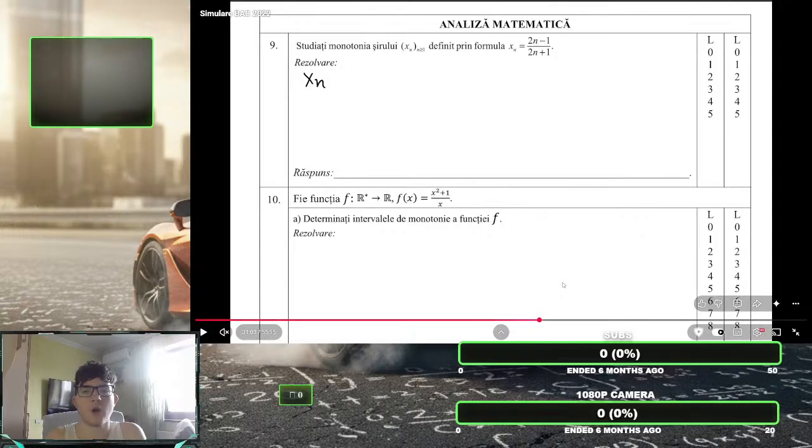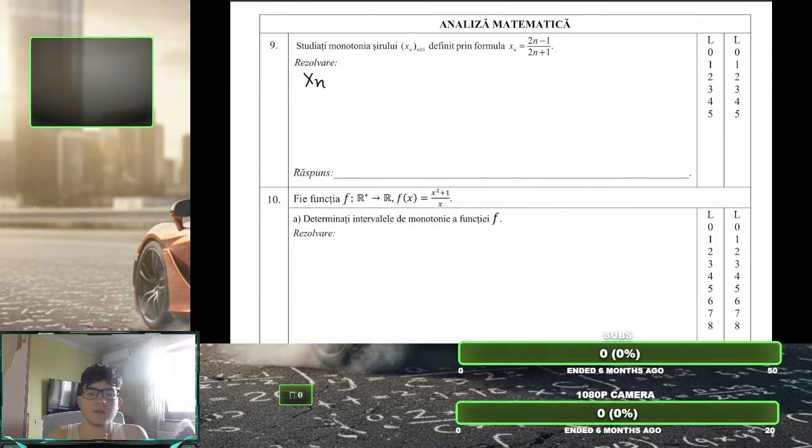This one, monotonicity. I think we need to go with limits. Limit as n goes to infinity, stuff like that. That's what this one's about, as far as I know. So basically x_n right here. You just plug in 1, plug in 2, find out which is bigger, do limits as n goes to infinity.